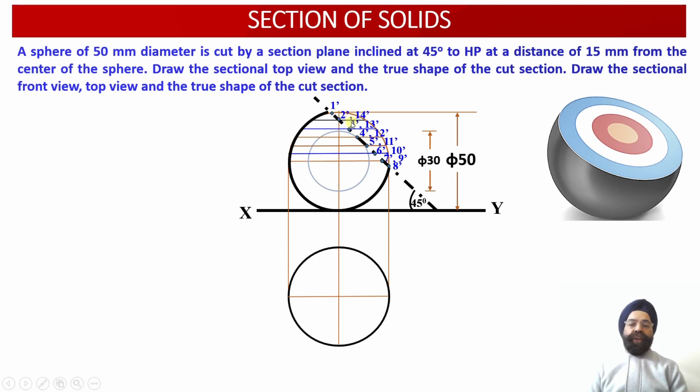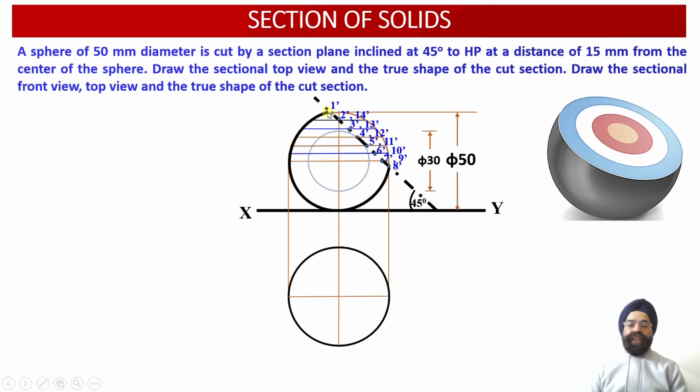So in the front view, we are going to obtain 14 points of intersection of the cutting plane with different rings or different slices which we have arbitrarily chosen over here. You could have chosen 5 intermediate rings, but in order to obtain a more accurate elliptical construction in the sectional top view and circular construction in the true shape projections, the more the number of points, the better will be the accuracy of the construction.